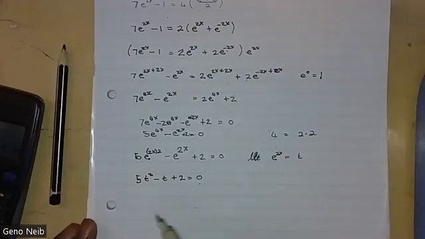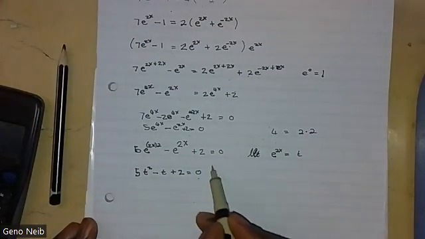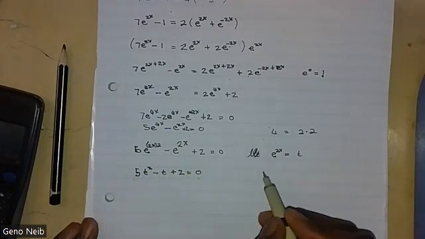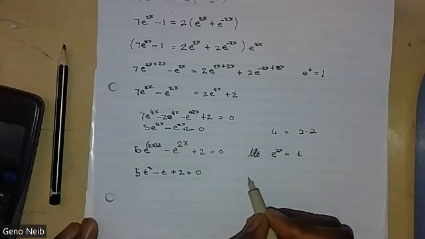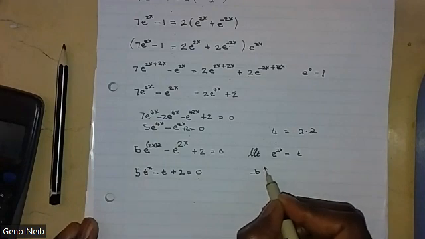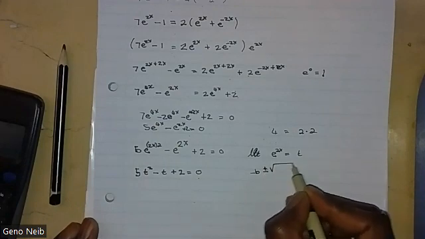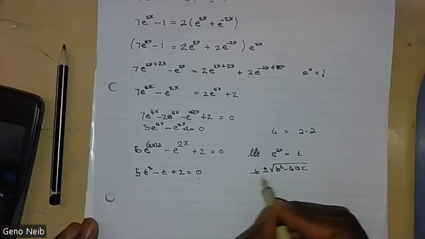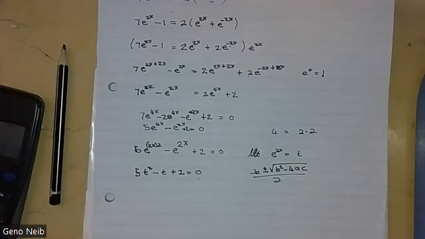So the quadratic formula goes like this: the negative of b plus or minus the square root of b squared minus 4ac, divided by 2a.